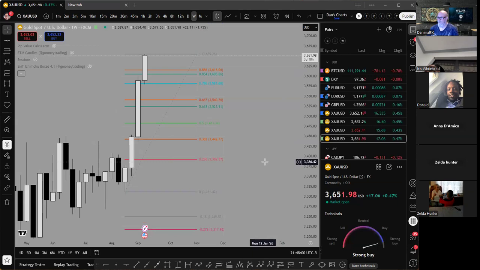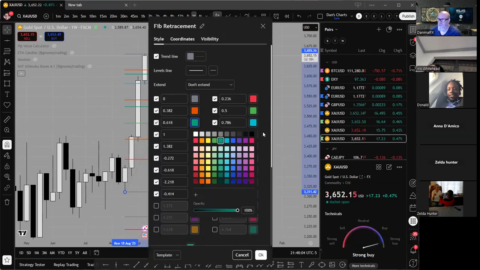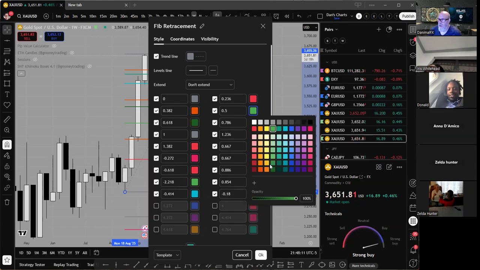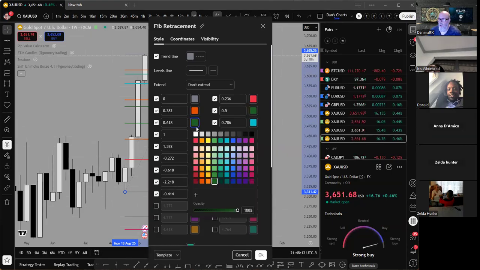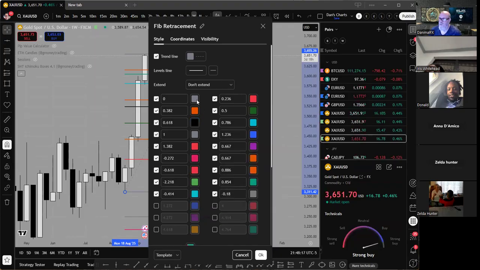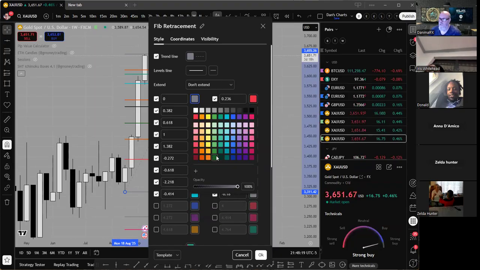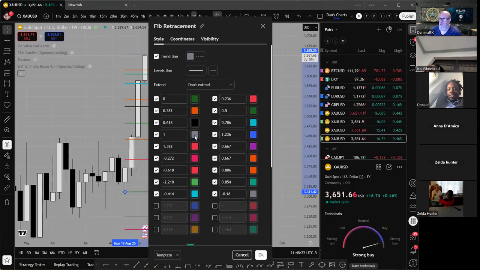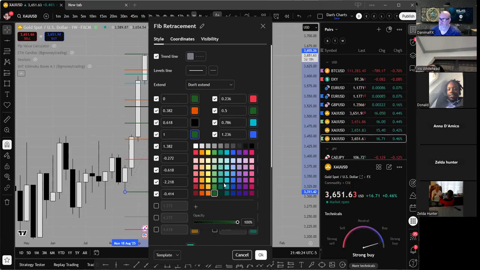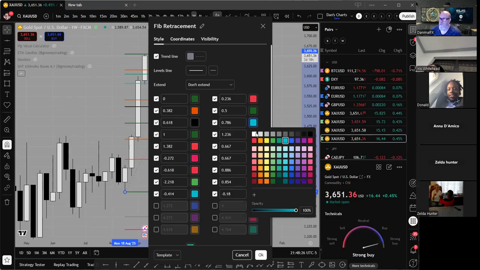What is that? I'm going to show you, give me a second. I'm going to make everything darker so we can see them better. Like this one green, like that one green. The rest of these are black.